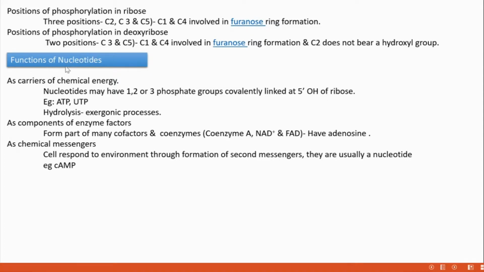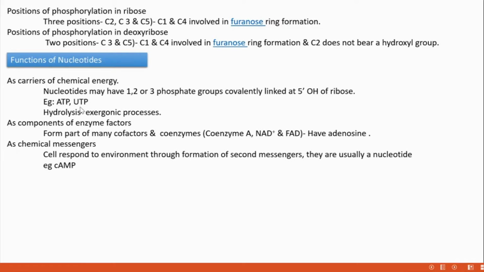Then we move to the functions of nucleotides. These nucleotides act as carriers of chemical energy. They may have one, two or three phosphate groups. If you take the case of ATP, adenosine triphosphate, the adenine base is there, three phosphate groups are there, and one sugar.